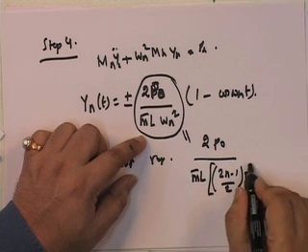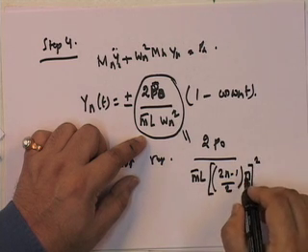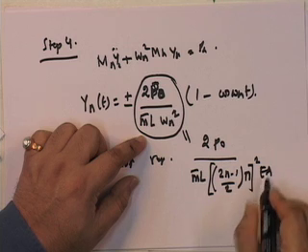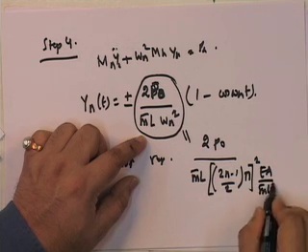So, this whole squared into EA into m bar L squared.